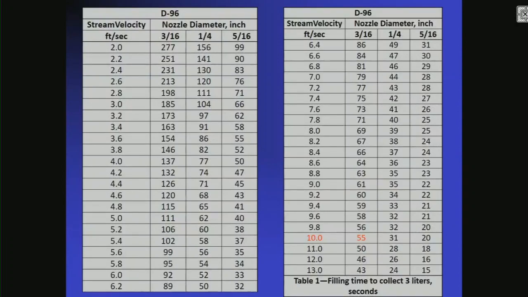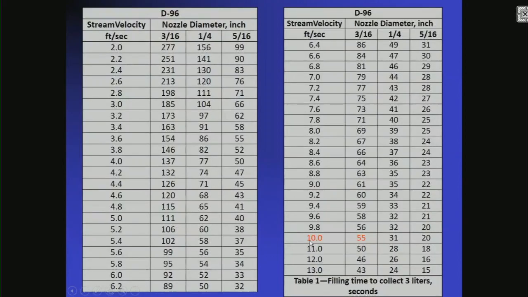Based on this chart, to go down and back with a 3/16 nozzle with a D96, it's going to take 55 seconds to fill it. So you could do some tests. You could lower the sampler, pull it back up, and time how long it takes to get the maximum volume. That could give you a good indication of what your velocity was in that section. So that's one way you could do it.